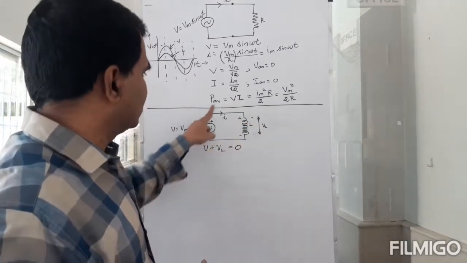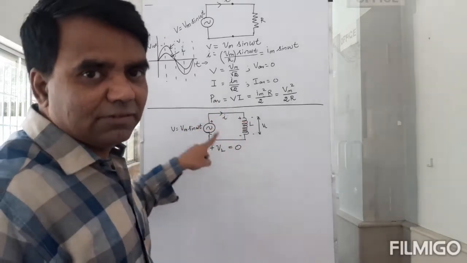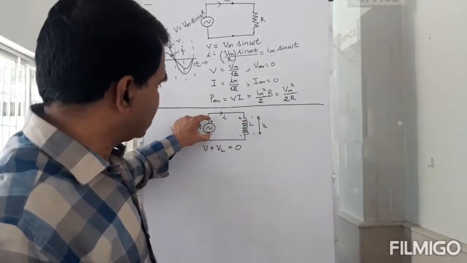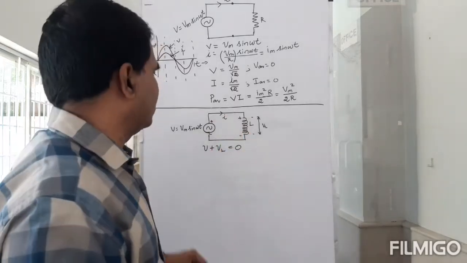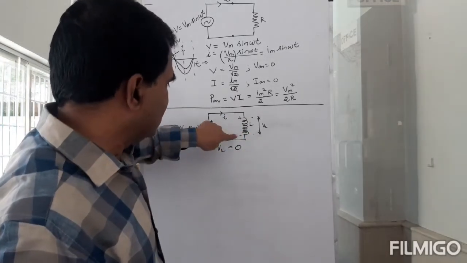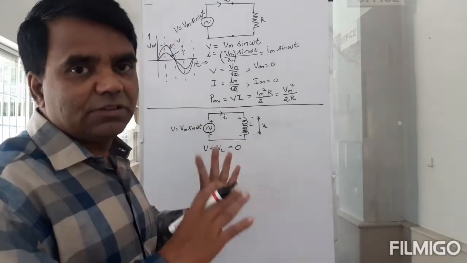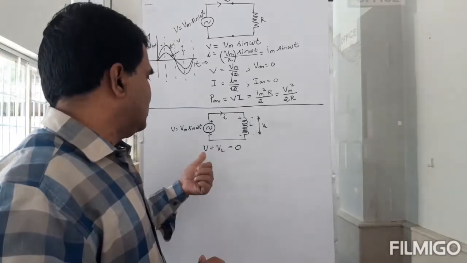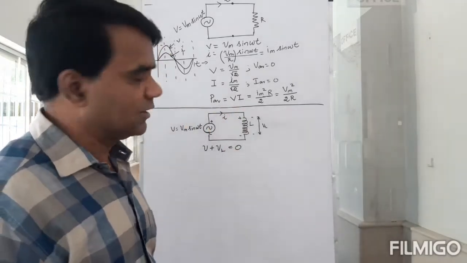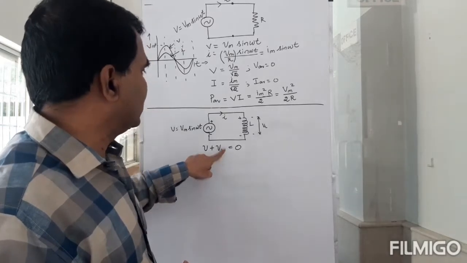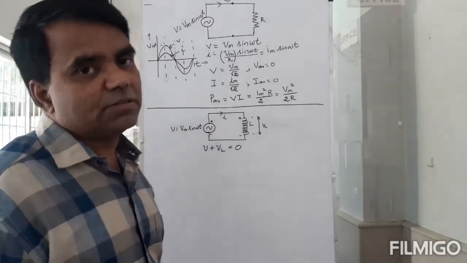Like a resistor, you see. That's what you do normally. If this is positive, that is negative, this will be positive and that will be negative. That will also happen. So Kirchhoff's law must be obeyed at all times in this circuit. So V plus VL must be equal to 0.